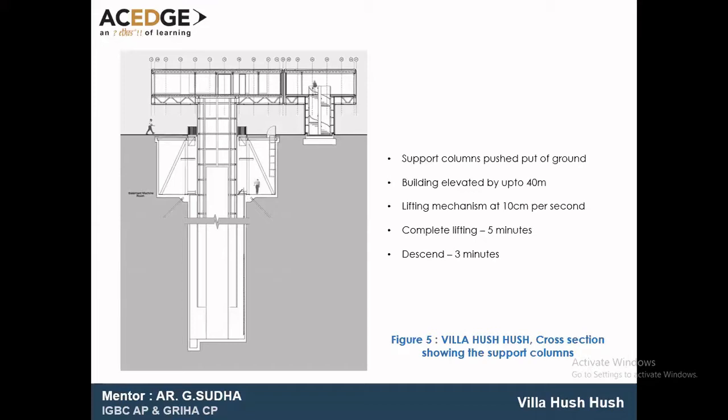Similarly, here also 260 tons of steel plate have been used as a counterweight, and they are guided within this central inner steel tube-like structure which you see here.